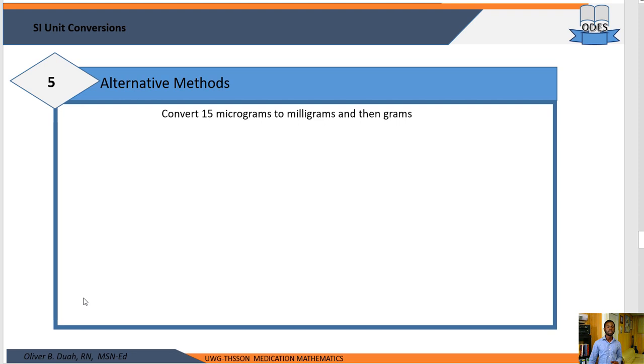All right. So what about if we were asked to convert 15 micrograms to milligrams? So how many micrograms in a milligram? We know that 1 milligram is equal to 1000 micrograms.